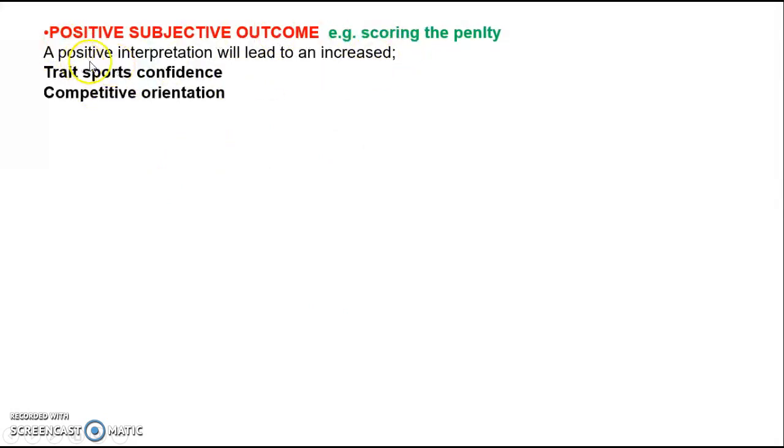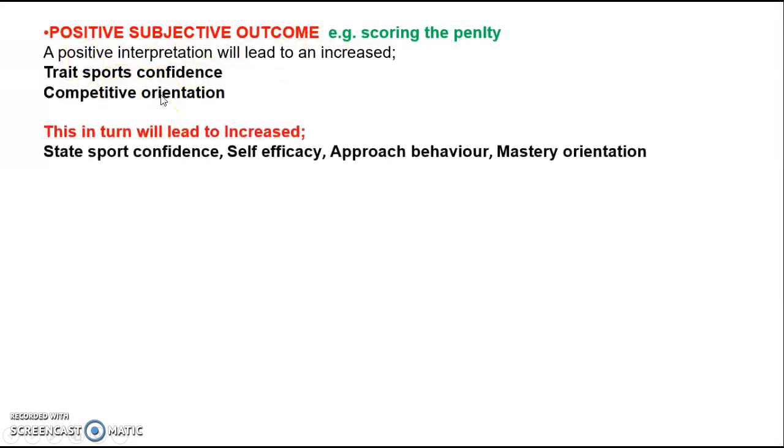From this could lead to trait sports confidence, competitive orientation. You might say here, for example, a coach could use positive feedback after the positive subjective outcome. You could put it here if you wanted to, which is the use of praise when they scored the penalty. This is good if it's specific, e.g. the technique they used. However, it can be negative.